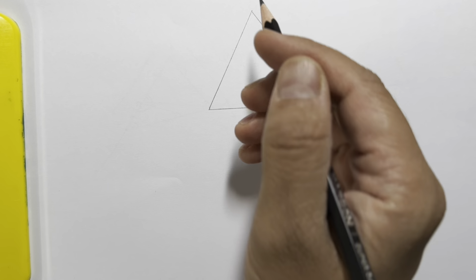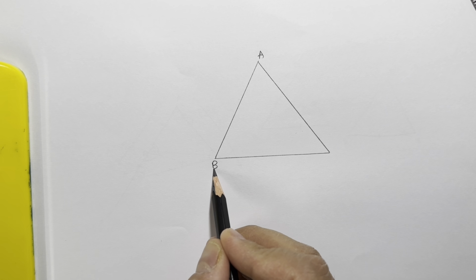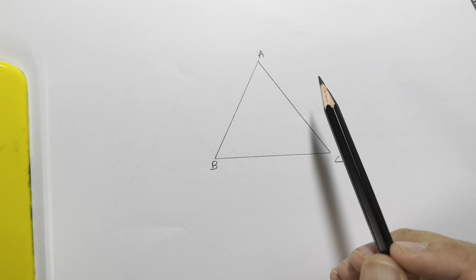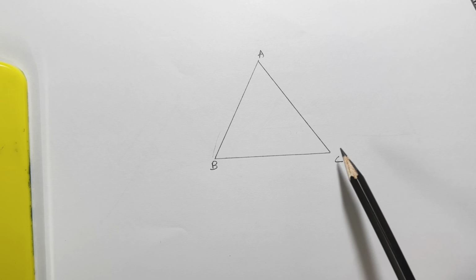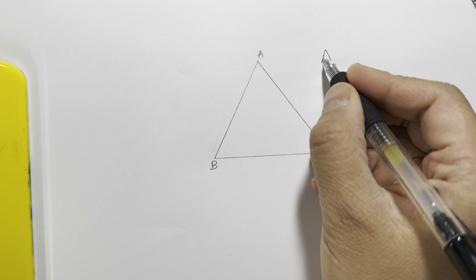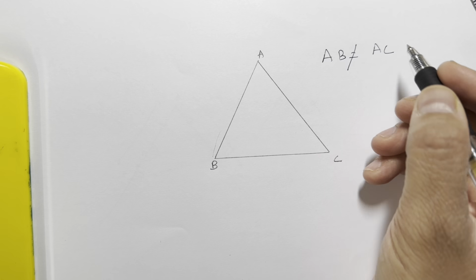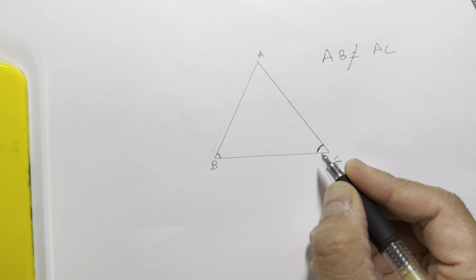So he says there's a triangle ABC. He says, if AB is unequal to AC. So the contradiction he takes is that AB is unequal to AC. This is the contradiction he's taken. And you remember this angle and this angle are same, right?